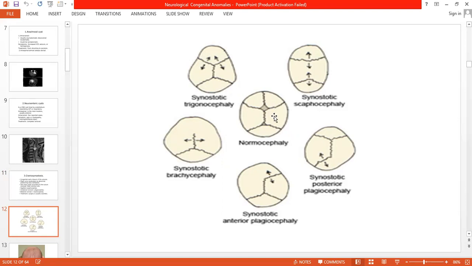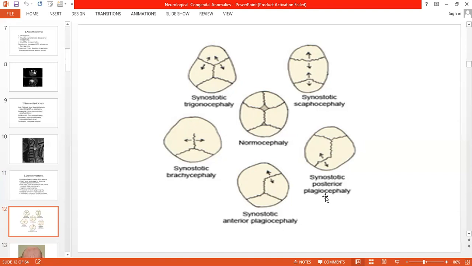If this suture is missing, growth perpendicular to it will not occur. Growth will occur parallel to this region, like here, this direction growth has started, to compensate for this arrested growth at the coronal level. So this is anterior brachycephaly, and this is anterior plagiocephaly.